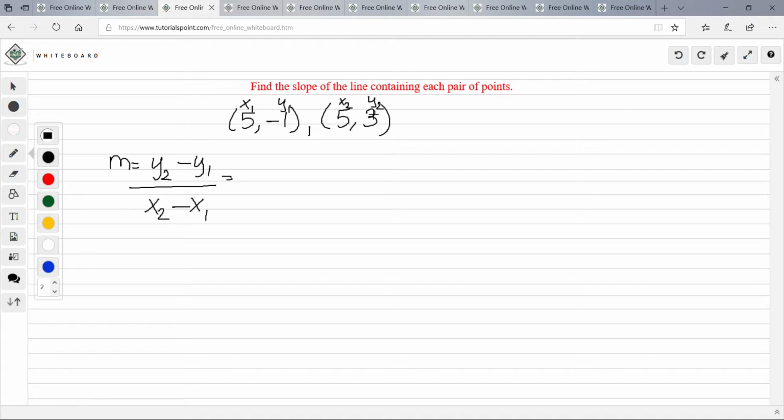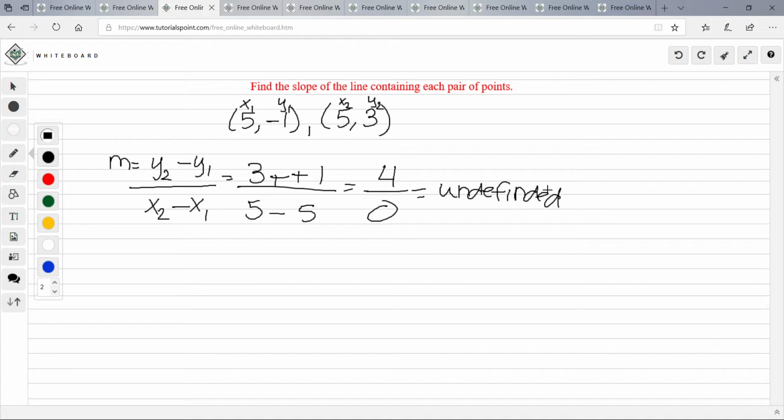So y2 is 3 minus y1, which is a negative 1, so it's minus a minus 1, over x2, which is 5, minus 5. The numerator is 3 minus a negative 1, two negatives become positive, so it's 4. And then 5 minus 5 is 0. Whenever you have a number over 0, it's always undefined.